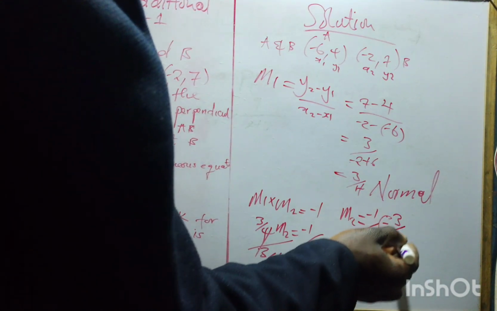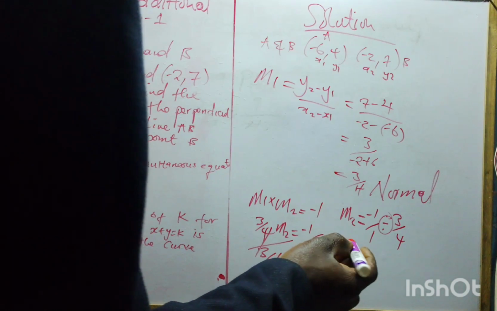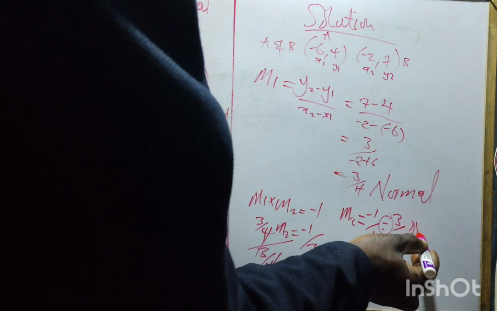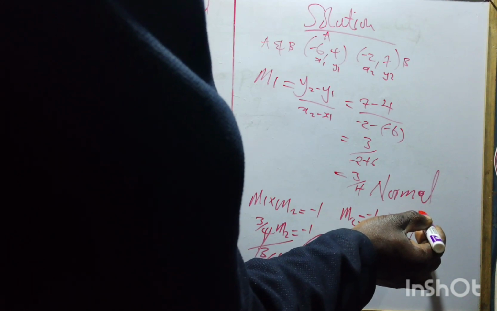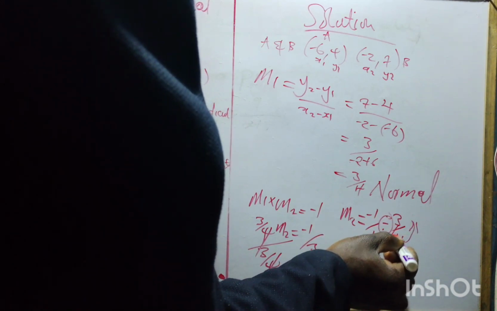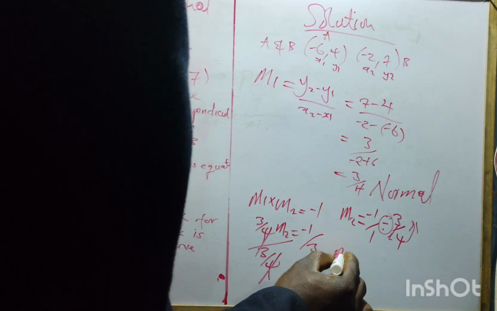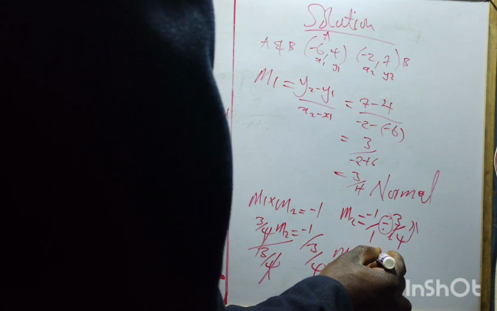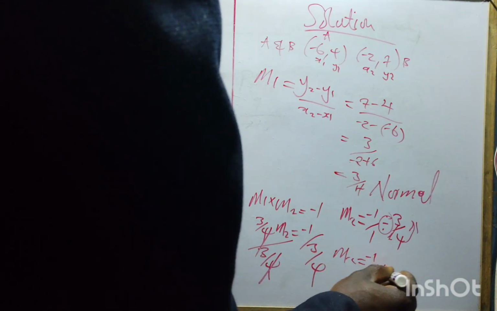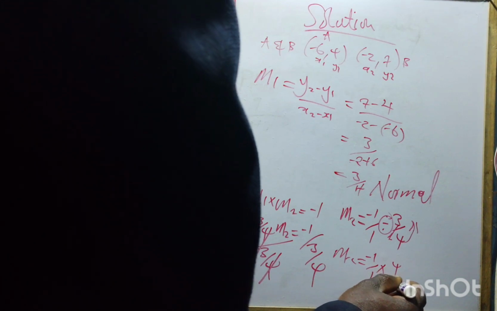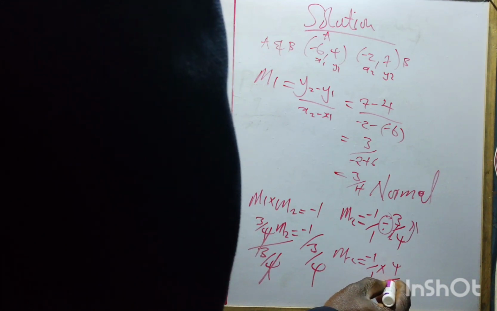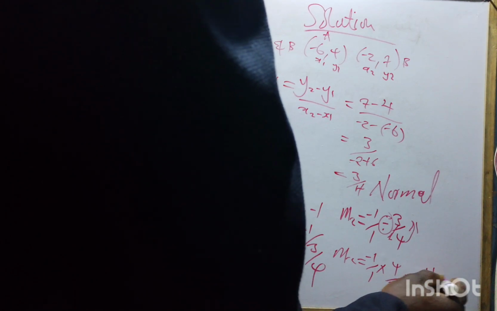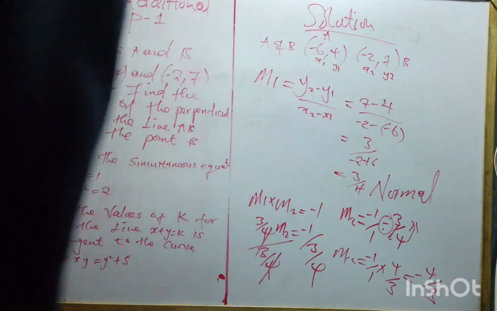Remember that when there is division, you must multiply, and by multiplying these numbers exchange: this 4 goes on top and this 3 comes down. So m2 equals -1 over 1 times 4 over 3, which is -4 over 3.